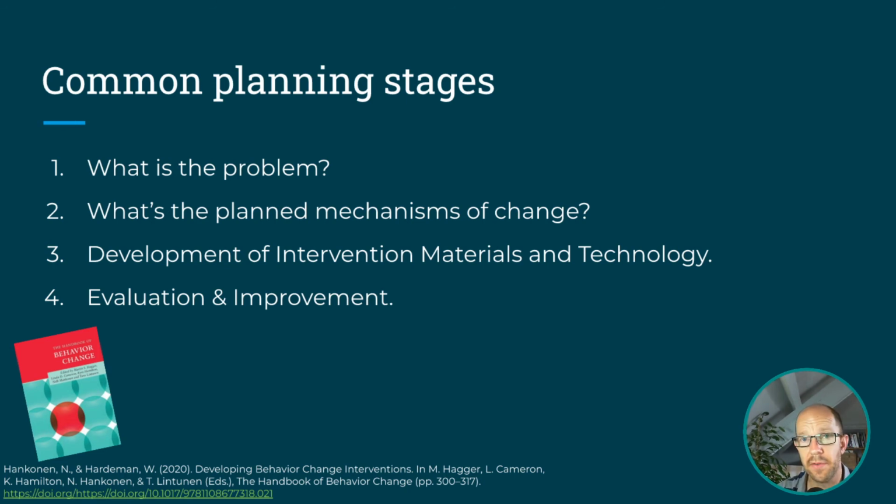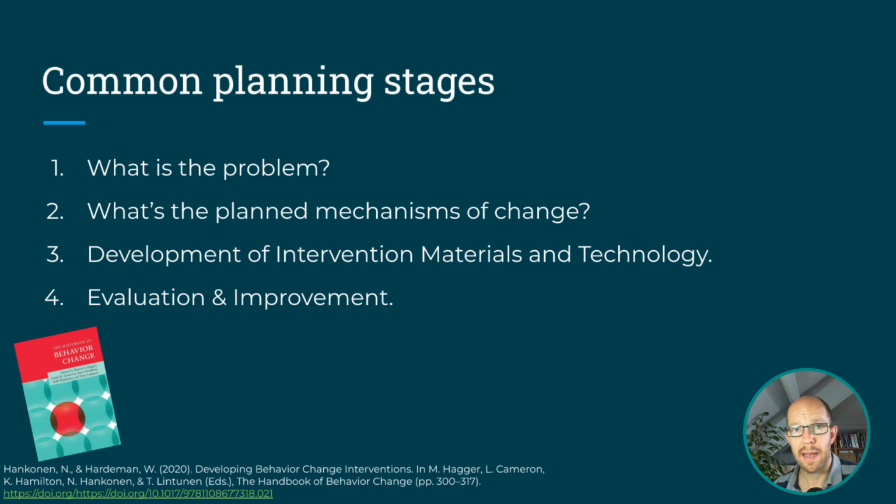So you can see here some of the themes that have already come up in this video so far. It's really important to spend time establishing what the problem is. It's really important to think about what the planned mechanisms of change are. What do we think we're going to do, and what are we trying to change? What's the theory that informs that? Where's our focus? Do we have to prioritize our focus, for example?